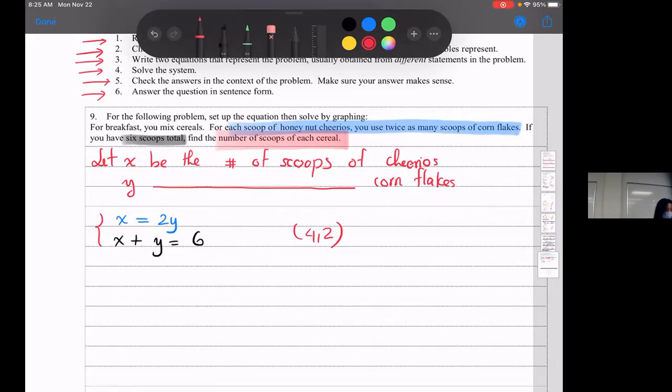Supposed to be for every scoop of honey nut Cheerio, you use twice as many scoops of cornflake.